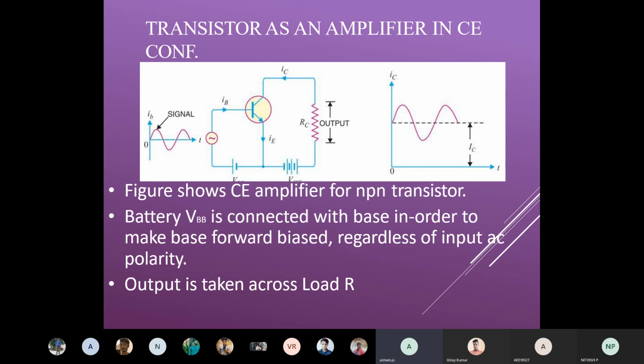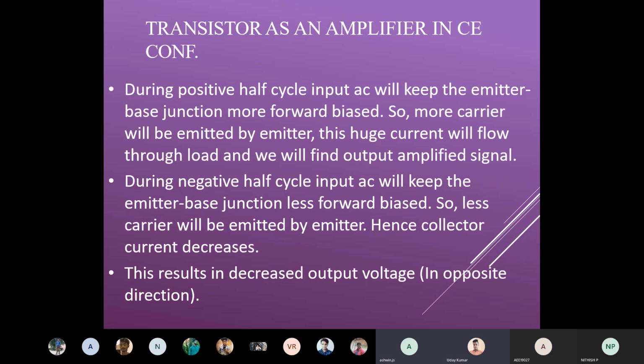Do you guys understand this? Yes, sir. So the same thing is represented here. Look at this, they are talking about current amplification. During a positive half cycle, I am giving positive from 0 to maximum, maximum to minimum. For a positive half cycle, the input AC will keep the emitter base junction more forward biased.